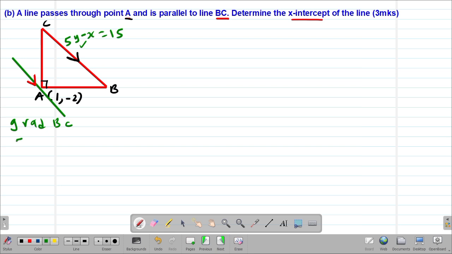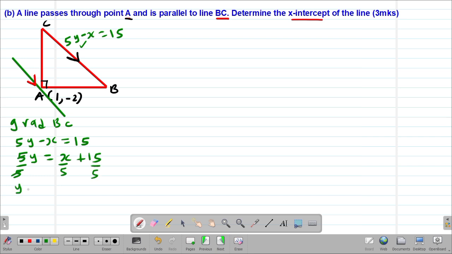So from 5y minus x is equal to 15, I'll arrange it in the general form, which is y equals mx plus c. So I'll have 5y being equal to x plus 15. I'll divide through by 5, so 5 and 5 will cancel out.